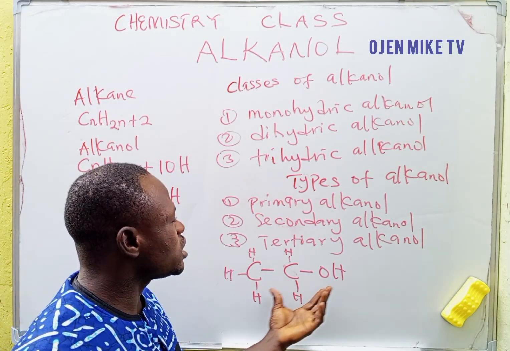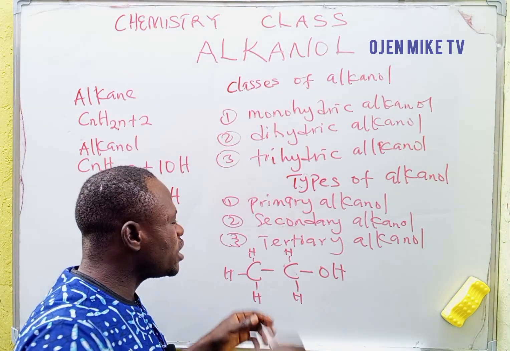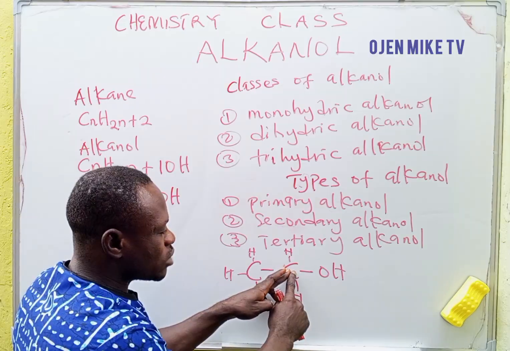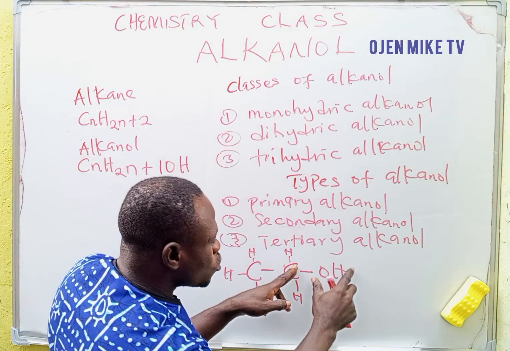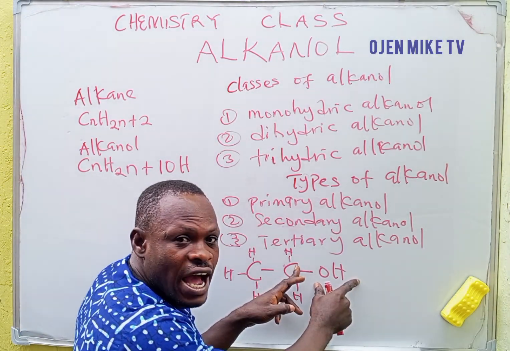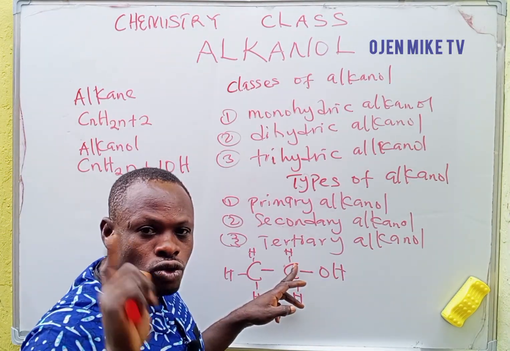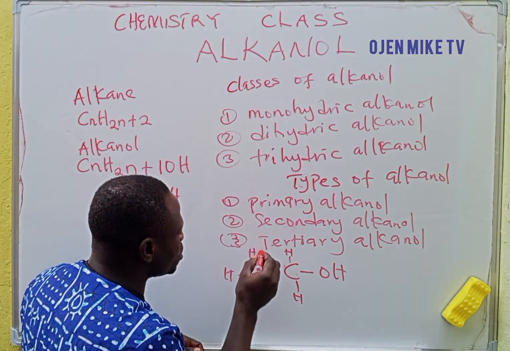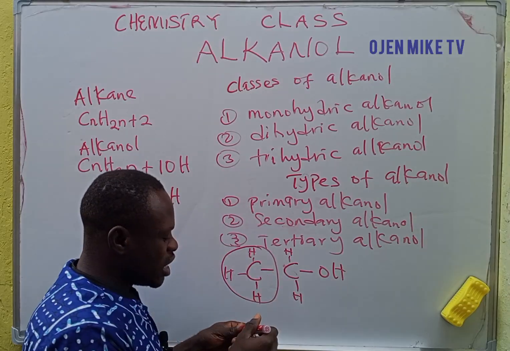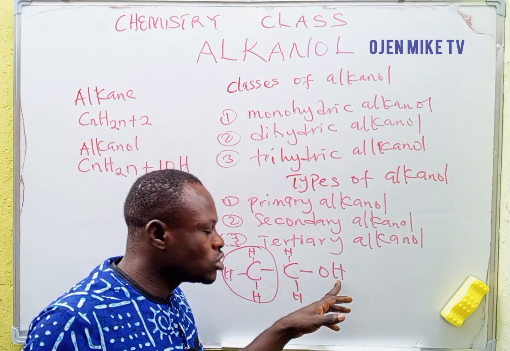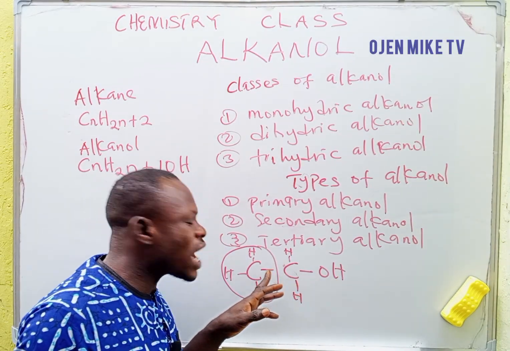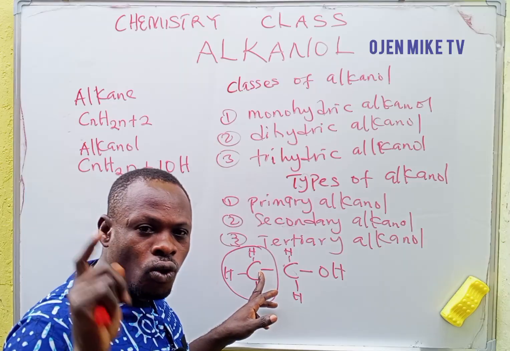Primary alkanol is a type of alkanol when the carbon atom holding the hydroxy group is attached to one alkyl group. Which one is the alkyl group? This is the alkyl group. You get that? The carbon atom holding the hydroxy group is attached to one alkyl group.